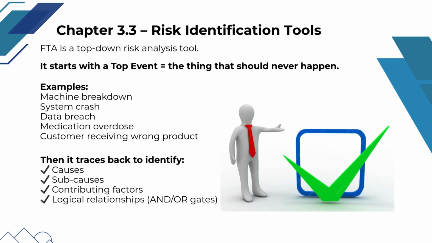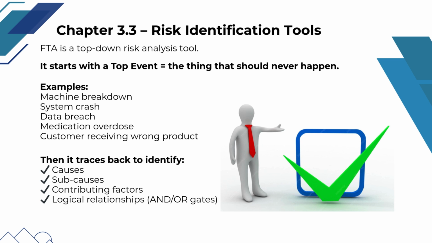FTA is a top-down risk analysis method that begins with a defined top event, which represents an outcome that must be prevented, such as a machine breakdown, system crash, data breach, medication overdose, or a customer receiving the wrong product. From this top event, the analysis works backward to systematically identify the underlying causes, sub-causes, and contributing factors, mapping how they interact through logical relationships using AND and OR gates.